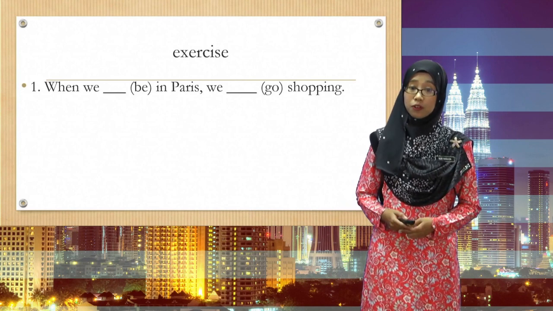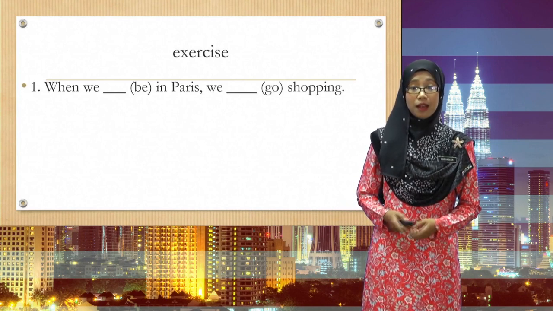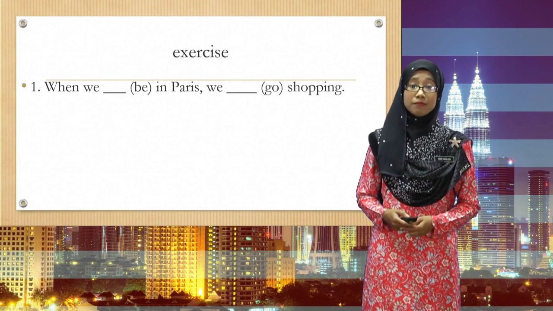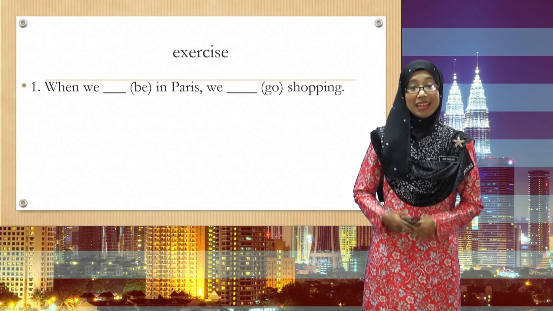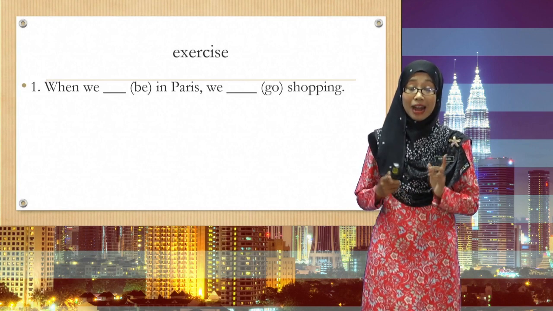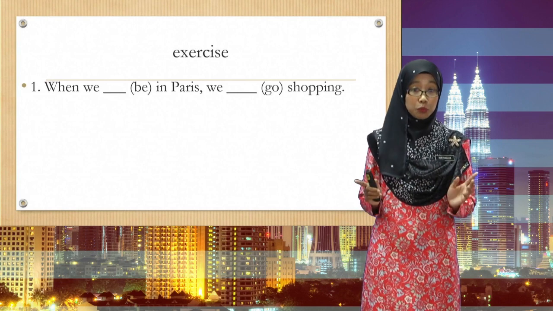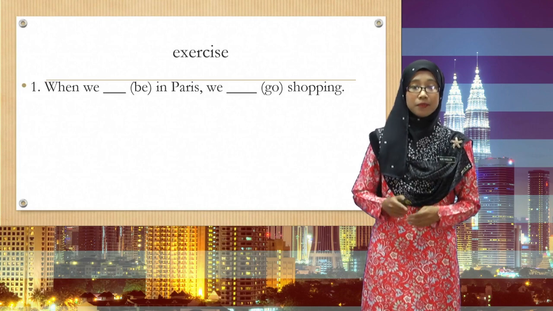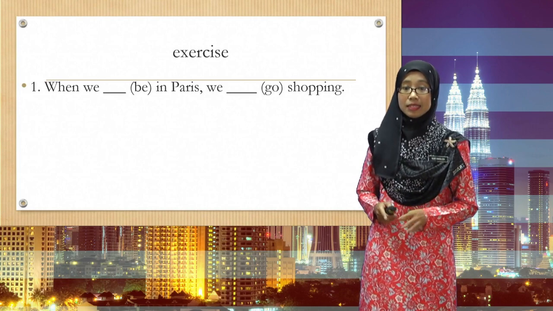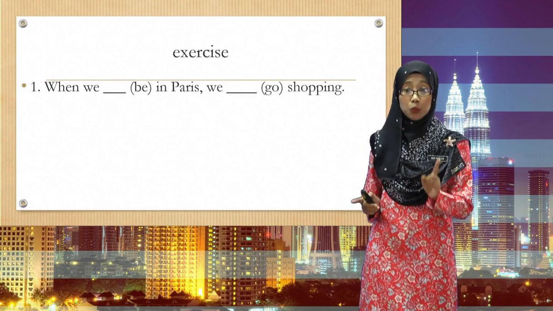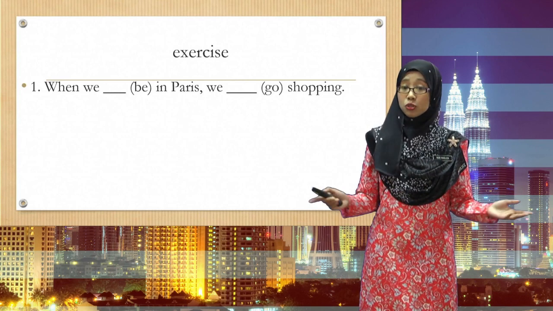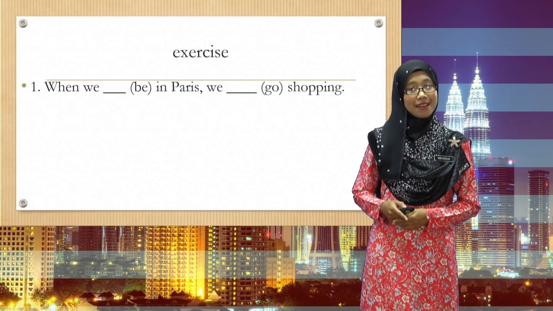Is is used for singular noun, are for plural noun, and am is exclusively used for I subject. Remember this basic rule. Don't forget this. In this sentence, the subject we is plural noun. So, we have to use are.